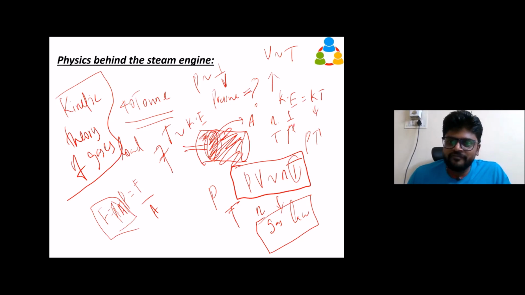So kinetic energy of mv square is equal to Boltzmann constant times temperature. It's not directly related; this is for 1 degree of freedom. If there are more degrees of freedom for the moving molecules, like it can move in all 3 directions, x, y and z, this equation will vary. I don't want to confuse further, but for the sake of completeness you should know it. So that's it. Any doubt?